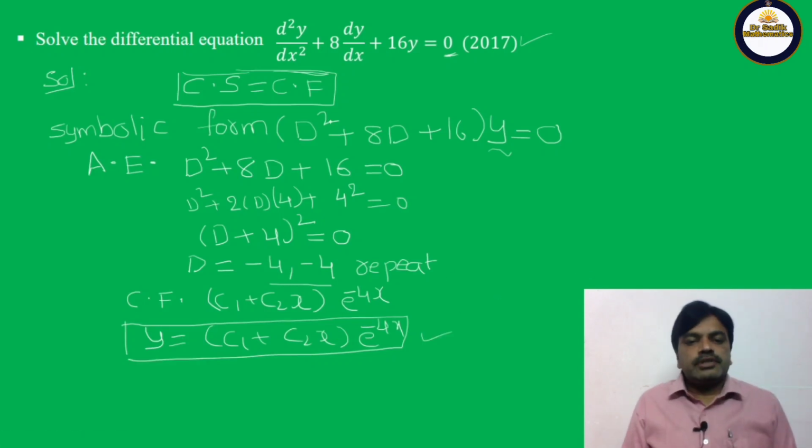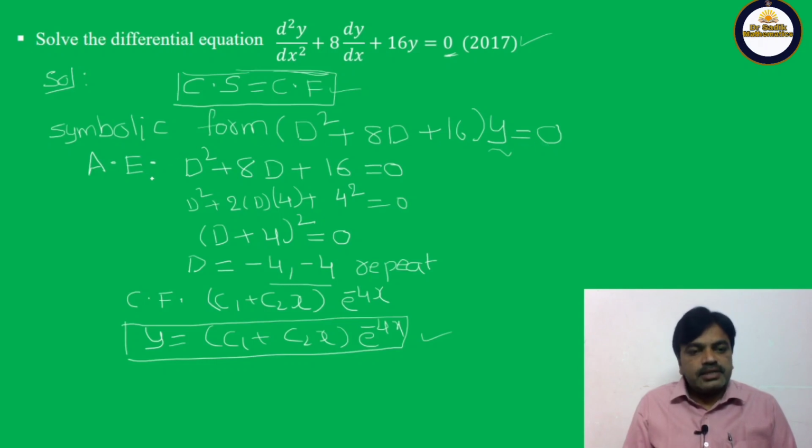Once again, friends, if it is equal to 0, the complete solution of this equation is the complementary function. What is the first step? Symbolic form: D square plus 8D plus 16 of y equal to 0.